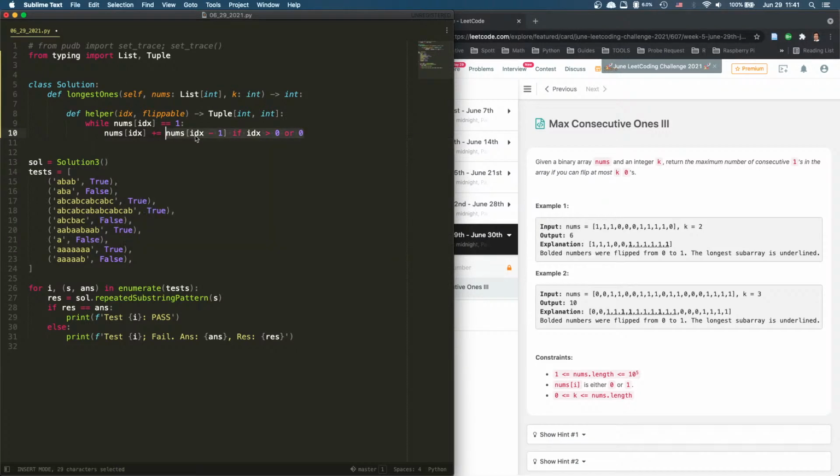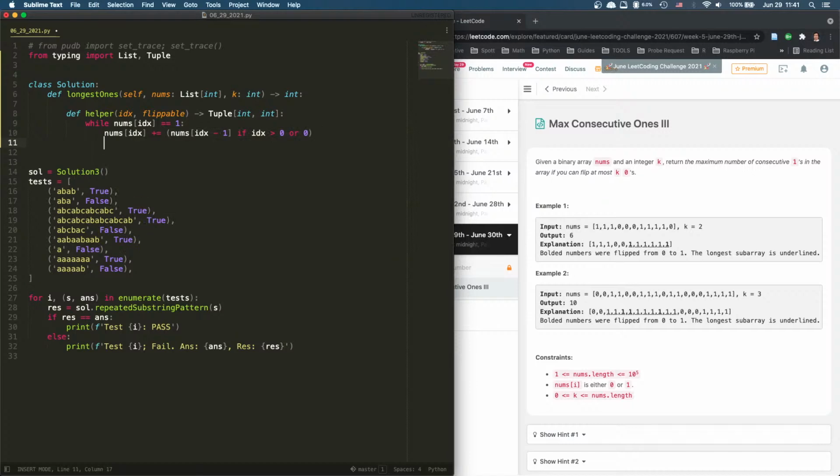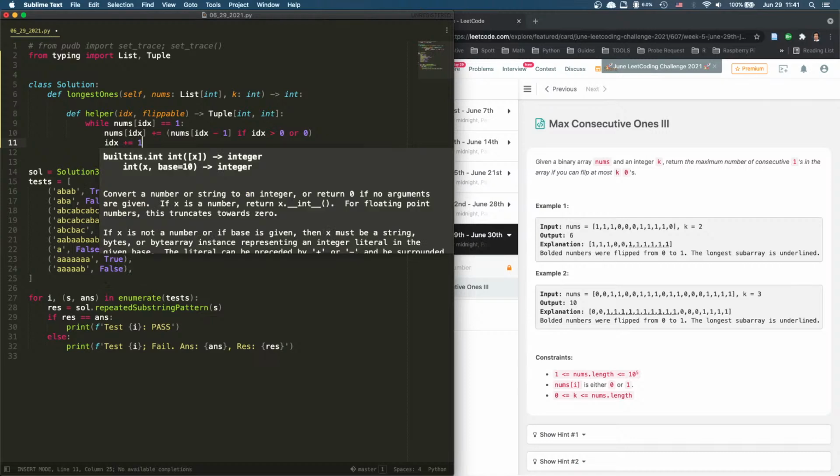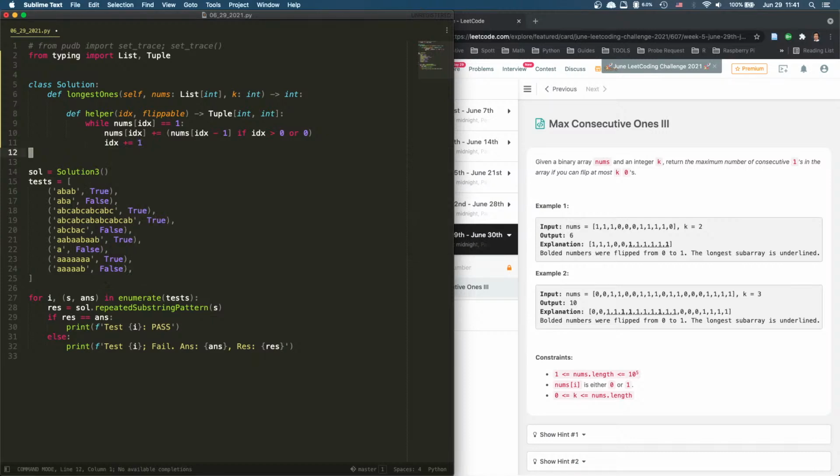So we accumulate the ones, and then index plus equal 1. That means if we encounter a 1, we just increment until we hit one that's not 1, that's a 0. So we hit a 0. Now index is pointing to a 0 with the flippable.